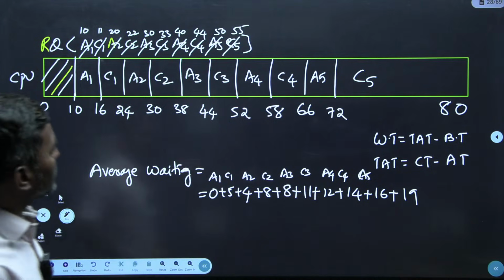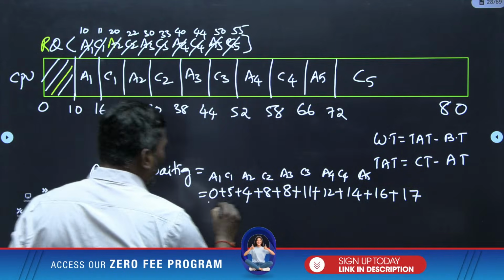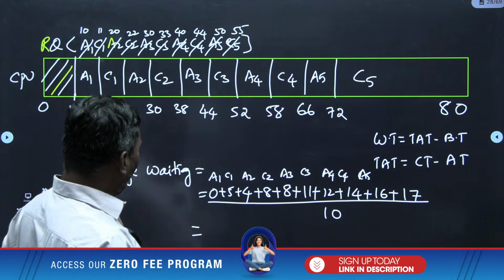Sorry, 15 plus 2, 17. Not 9, 17, right? So divided by the total number of processes, how many? 10. So just take this value.